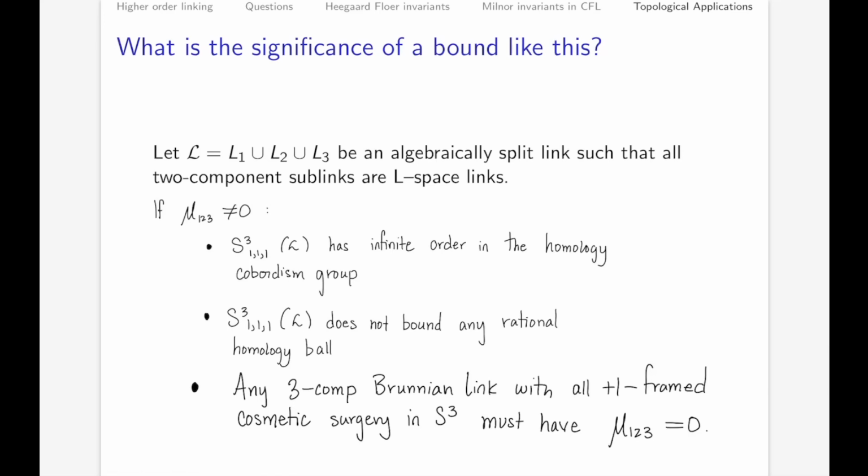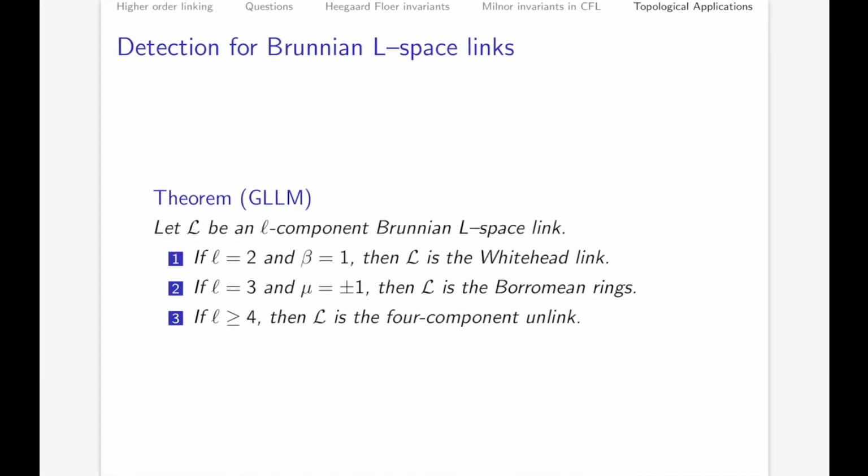Along with this bound, we prove a small collection of detection statements that I'm going to run through quickly. One of the things that we do is we have detection for Brunnian L-space links. And there's a lot of things to say here, but if your link has 2 components and the Sato-Levine invariant is 1, it'll have to be the Whitehead link.